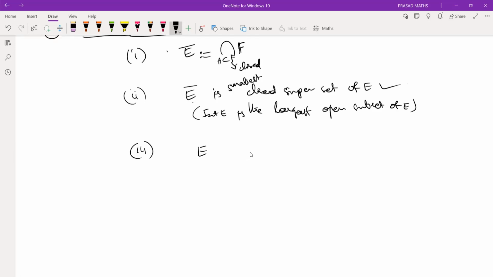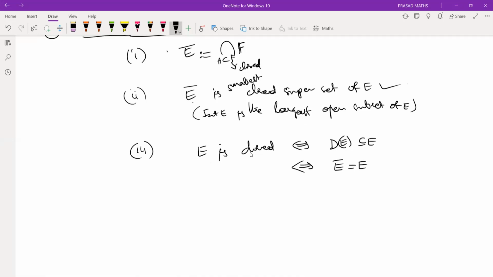Third property: E is closed. I already told you the definition: E contains all its limit points. Of course, there is another way: E is closed if and only if the closure of the set is itself. No need to find the closure.